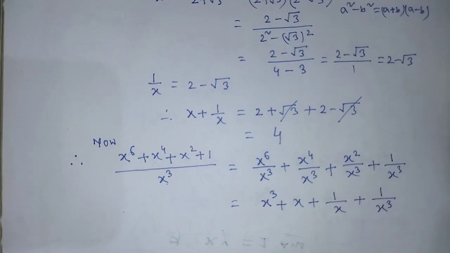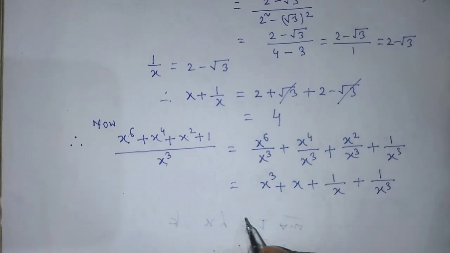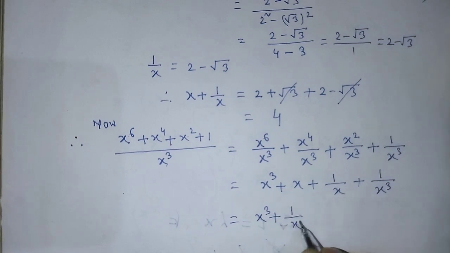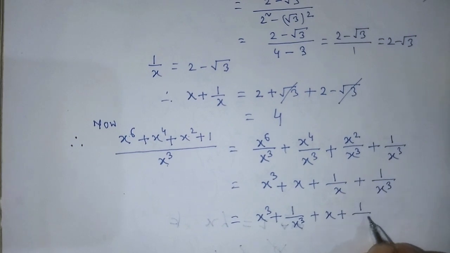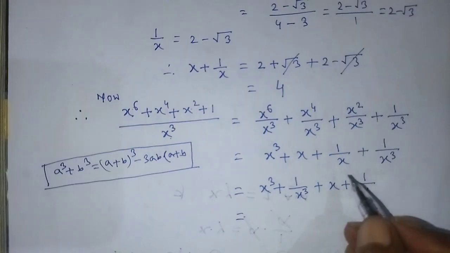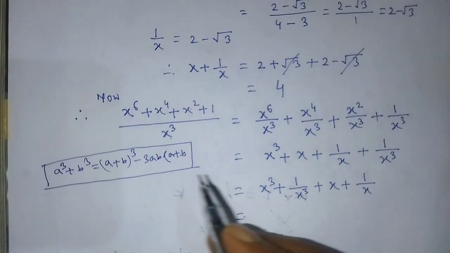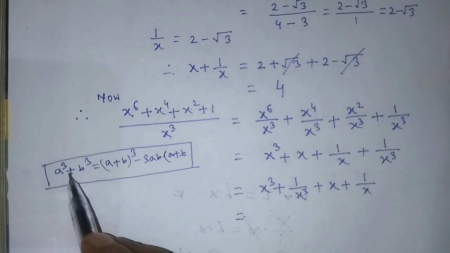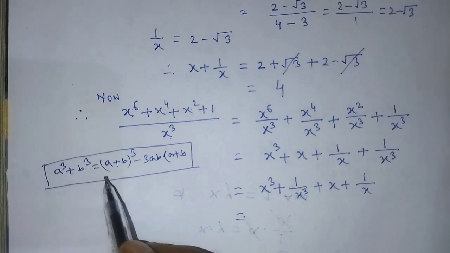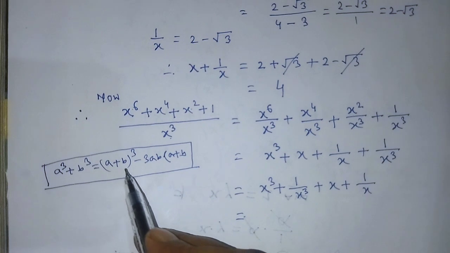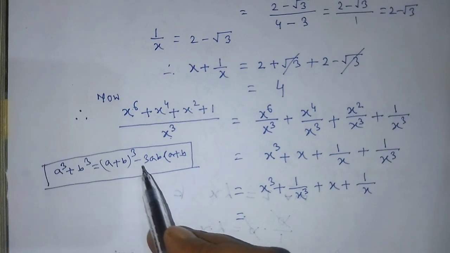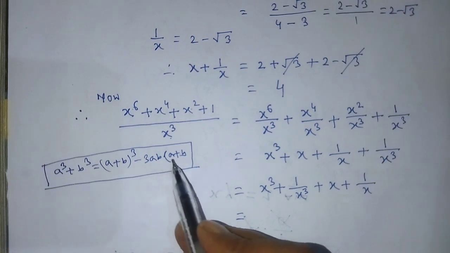Now we can arrange this algebraic expression. So we write x to the power 3 plus 1 over x to the power 3 plus x plus 1 over x. To find the value of this expression, we apply the formula a to the power 3 plus b to the power 3 is equal to a plus b whole to the power 3 minus 3ab into a plus b.